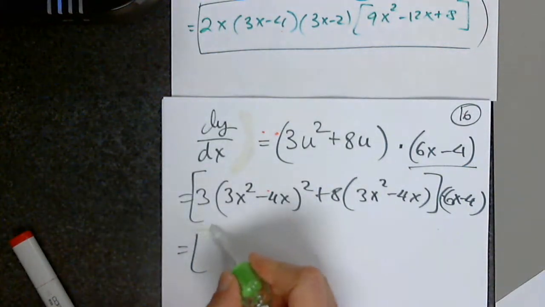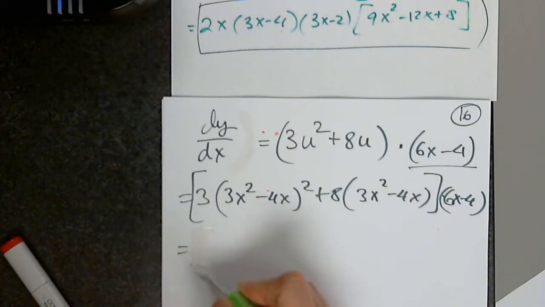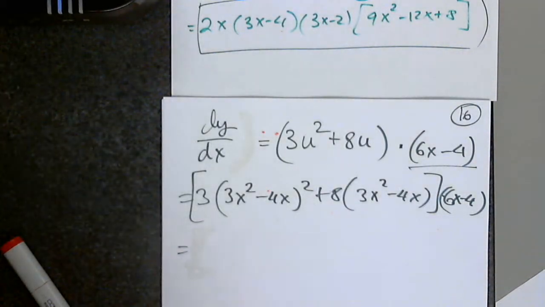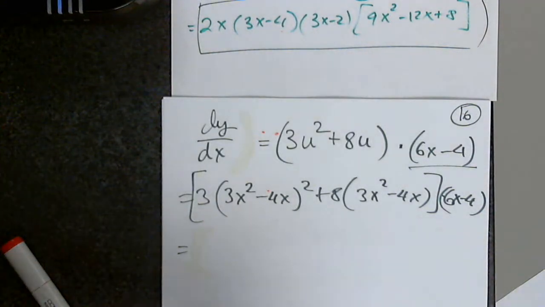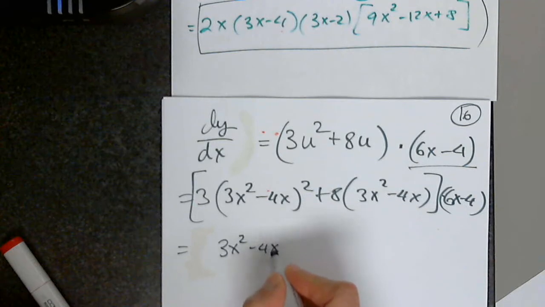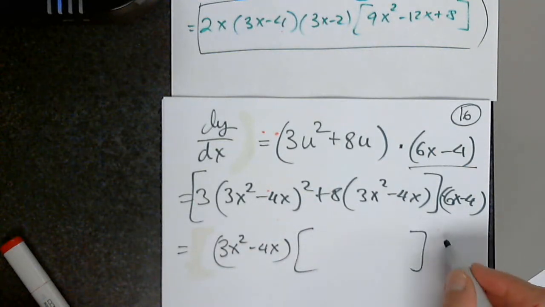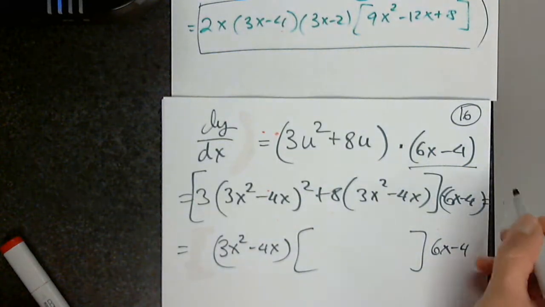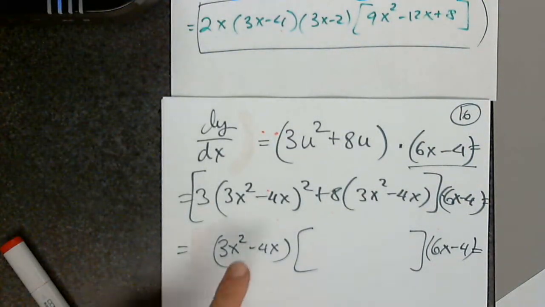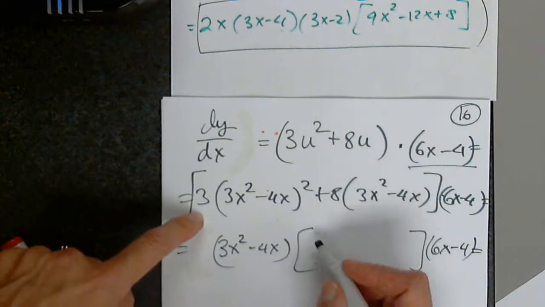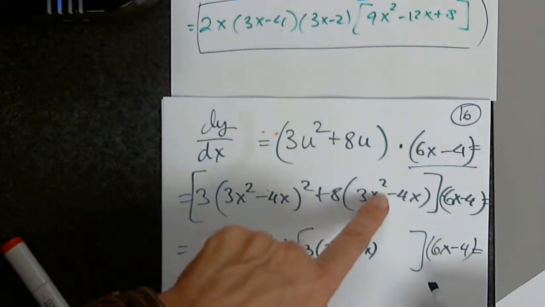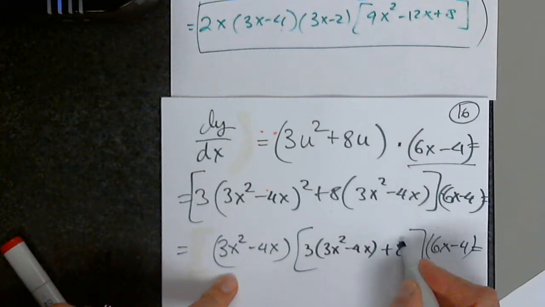And I rushed again. Sorry about that. And I have to take out 3x squared minus 4x. Good. So I took out a 3x squared minus 4x, and I have a 3 times 3x squared minus 4x. And then I took this out, and I have plus 8.